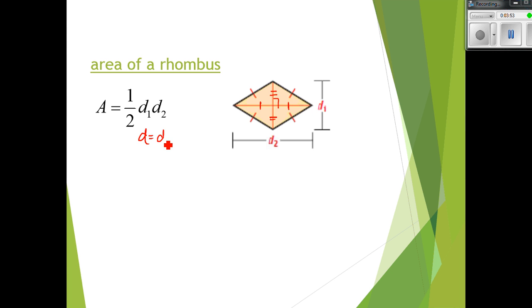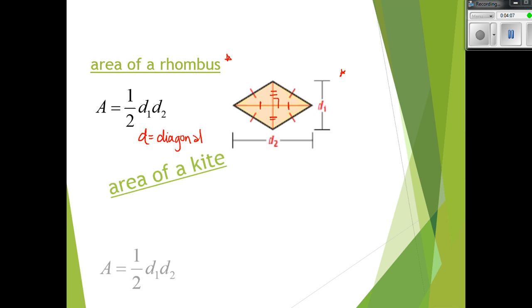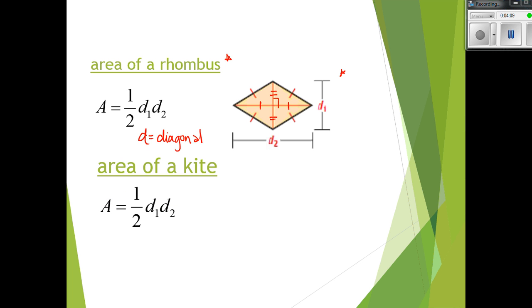So D stands for diagonal. And it doesn't really matter which one you label as diagonal 1 or diagonal 2. Okay, so I would put this in my notes on my formula sheet, and I would draw a picture as a reference. Area of a kite. Well, guess what? The area of a kite is the same formula as the area of a rhombus.